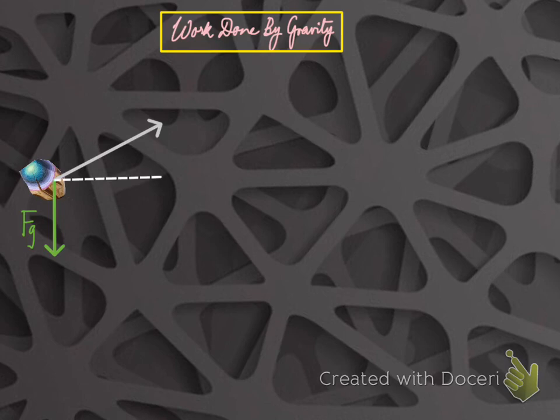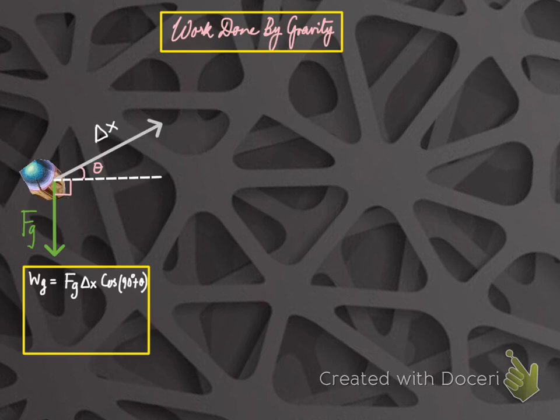So let us say that delta x is the distance or the displacement that we've given the block, and the work done then would be, using the formula for work, the work done by gravity would be the force of gravity times delta x, the displacement, times the cosine of the angle between the direction of the displacement and the direction of Fg.